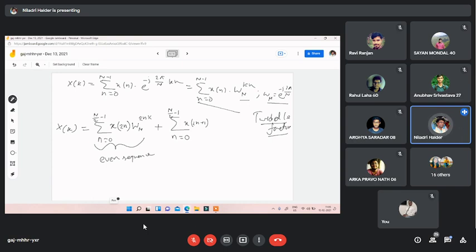So in the place of n, we are writing 2n plus 1, so WN to the power (2n plus 1)k. That will give you the odd sequence. So overall, the sequence we have split into two parts, the odd part and the even part.